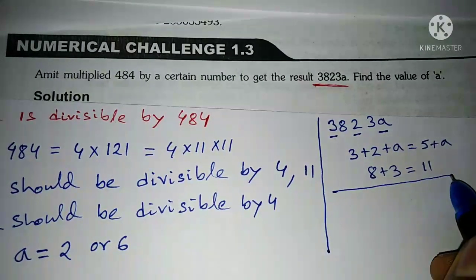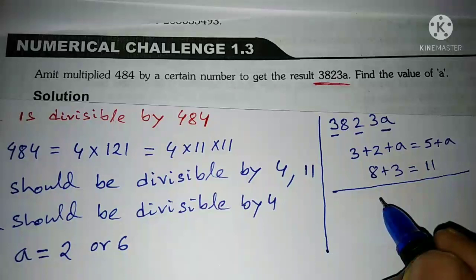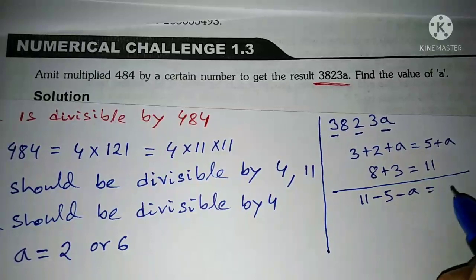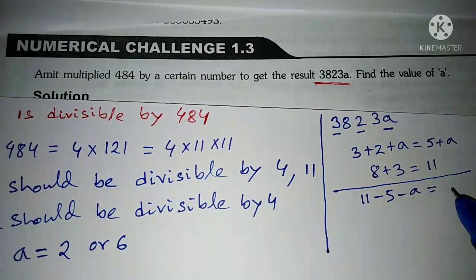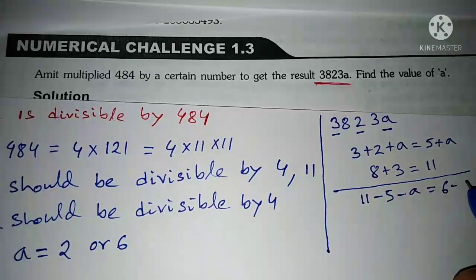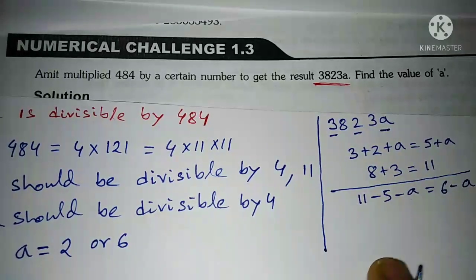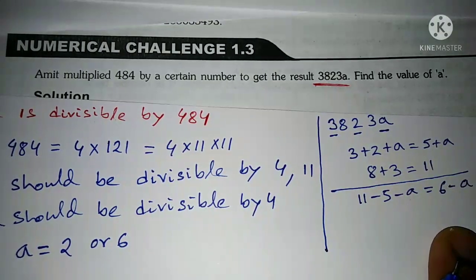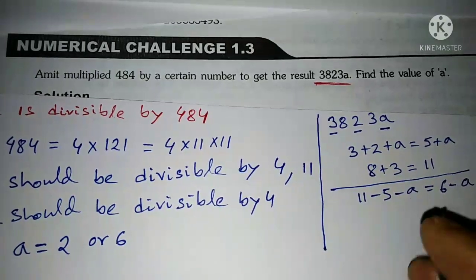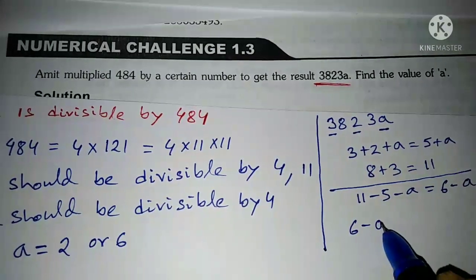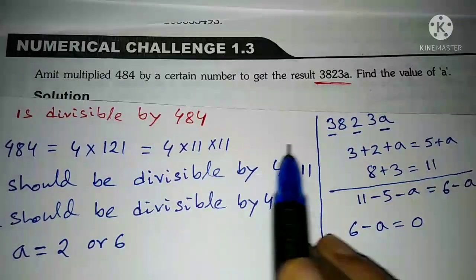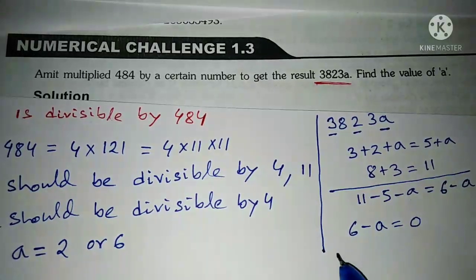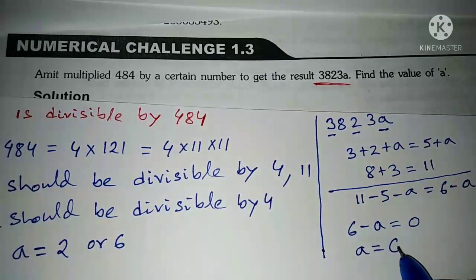After subtracting, we get 11 minus 5 minus A, which is equal to 6 minus A. So either 6 minus A should be equal to 0 or it should be a multiple of 11. If 6 minus A is equal to 0, the given number will be divisible by 11, so in this case also we get A equal to 6.